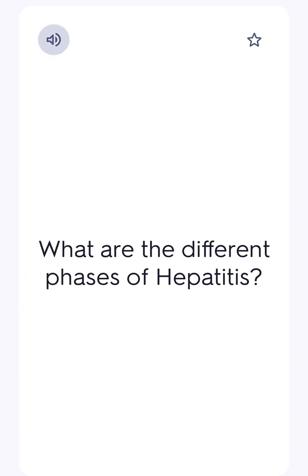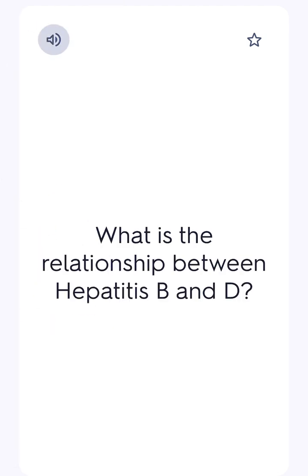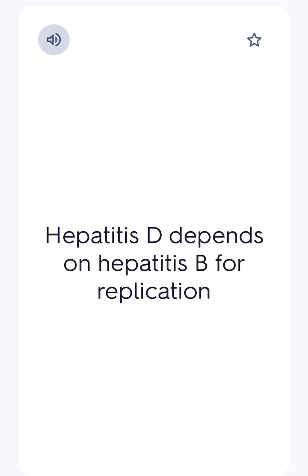What are the different phases of hepatitis? Incubation, prodromal, icteric, recovery. What is the relationship between hepatitis B and D? Hepatitis D depends on hepatitis B for replication.